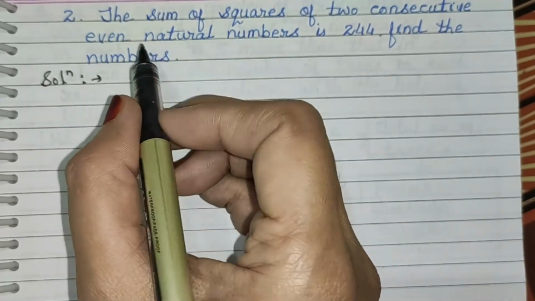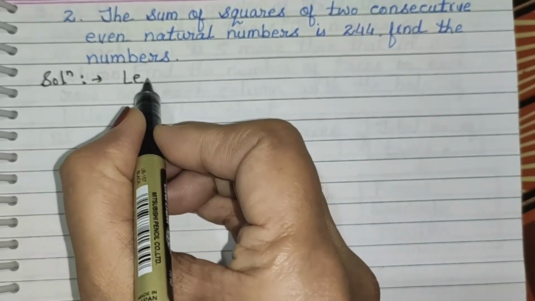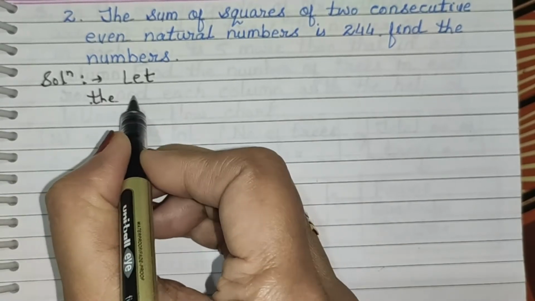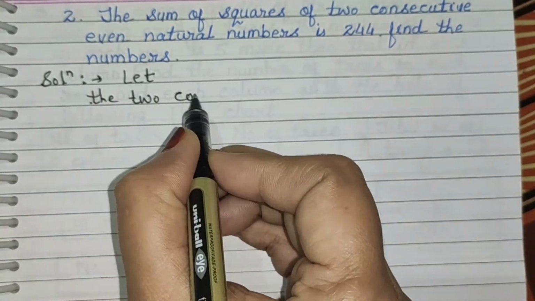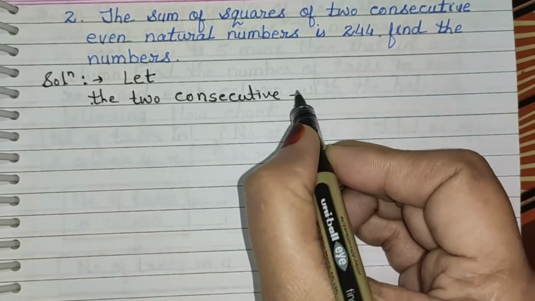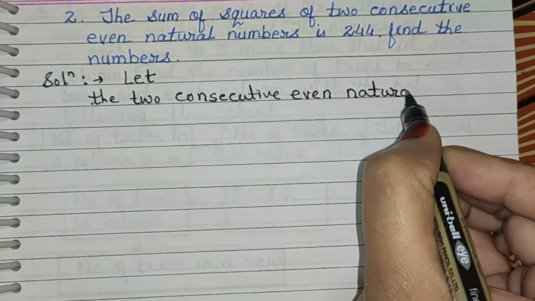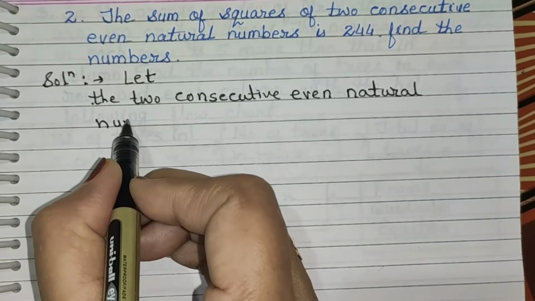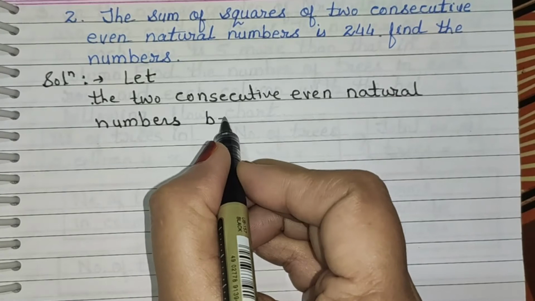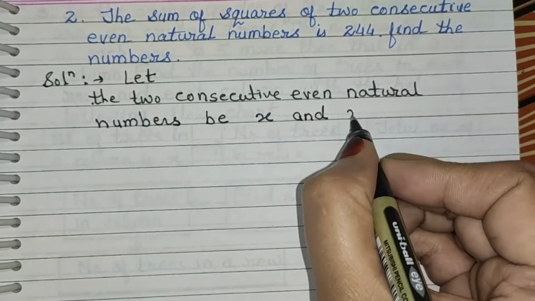Now here, let the two consecutive even natural numbers be x, and the second one is x plus 2.